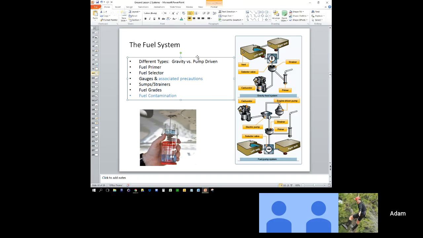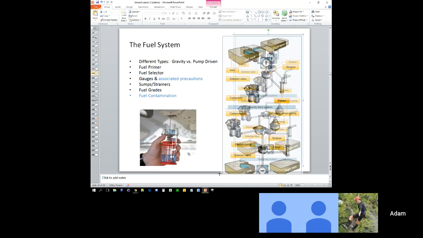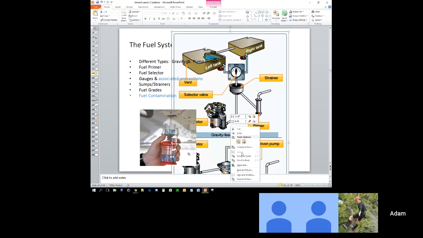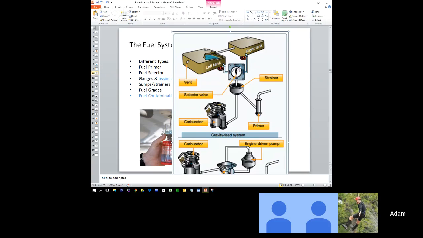Well, it is, but for the purposes of the FAA and what you're going to learn through your training, the fuel system consists of the fuel tanks, the fuel lines going through some sort of selector valve that tells the airplane which tank to use, and then eventually making its way to the engine.